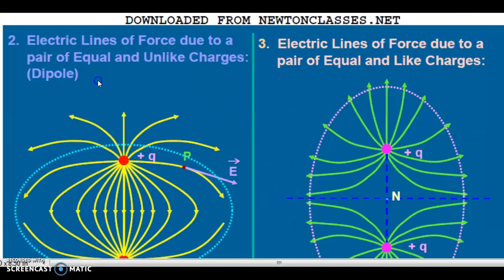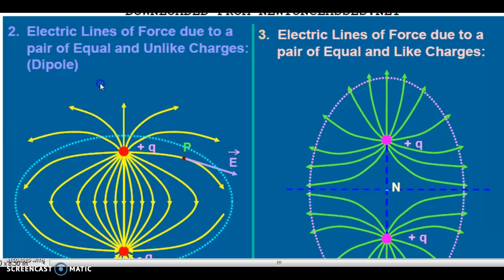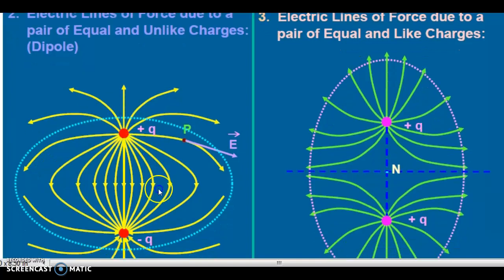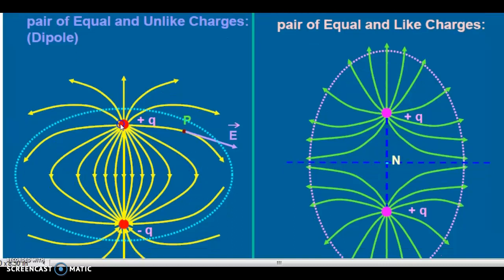Then the second property of electric line of force is showing you plus Q and minus Q, these two charges here. Here you have plus Q and plus Q, these two charges over here. So the system shown on the left hand side is basically an electric dipole, where you have two charges plus Q and minus Q which have equal magnitude but exactly opposite sign.